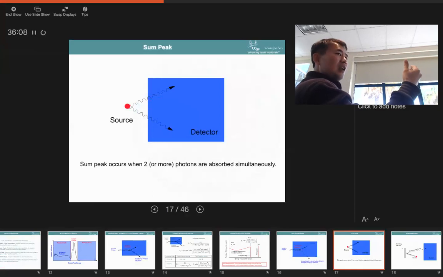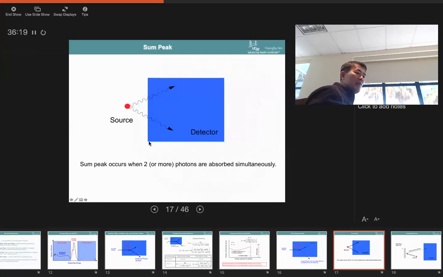Of course, the likelihood of having 2 photons together, the sum peak, is much more common than 3 photons summed. So the sum peak is very obvious in the energy spectrum. You can see it if you measure anything like that. You see the sum peaks very, very clearly.